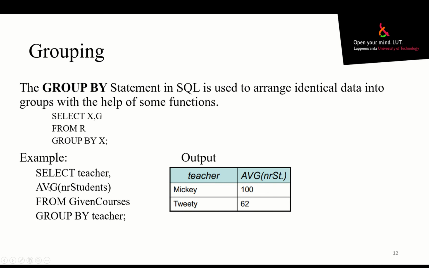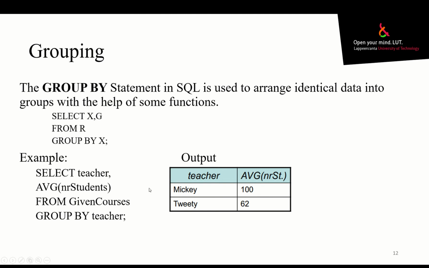This is just the key syntax when you want to select an average. So the average number of students the teacher is teaching from the given course, we group by teacher. This would display all the teachers with the average number of students that we specify, and it will state them here.